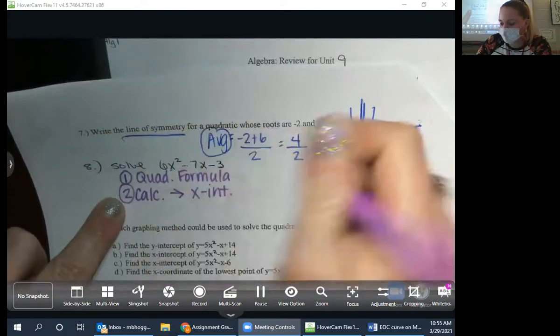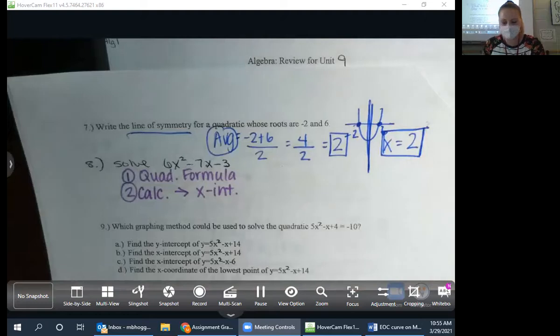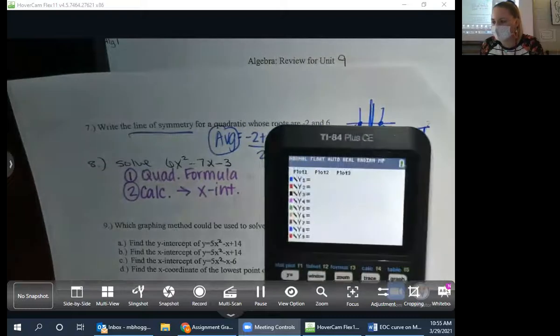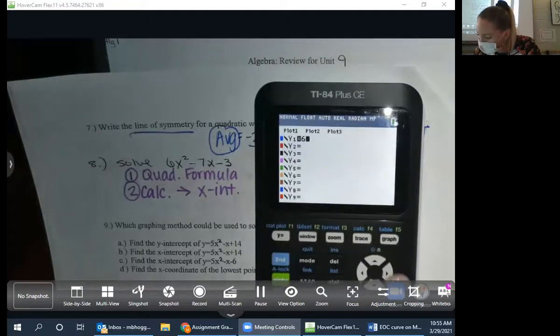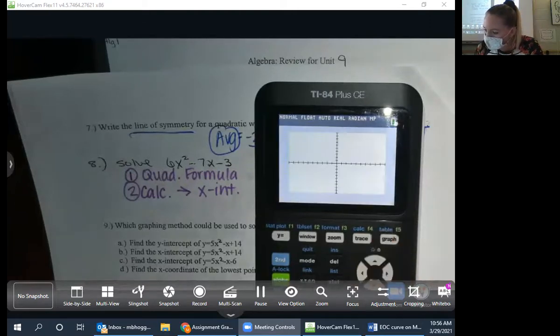Where are the x-intercepts? Let's do that to save time. Put this in your calculator, please. 6x squared minus 7x minus 3. Graph it.